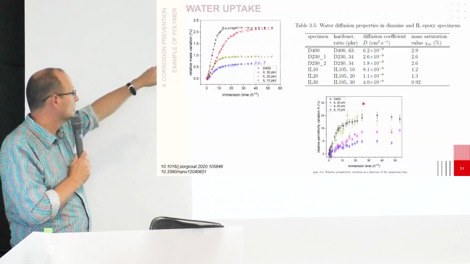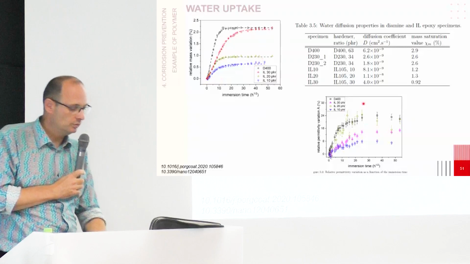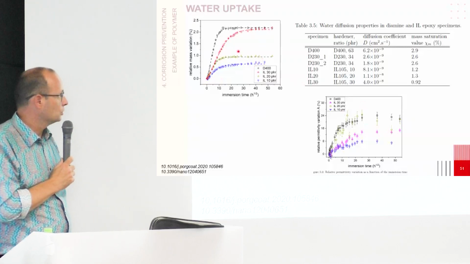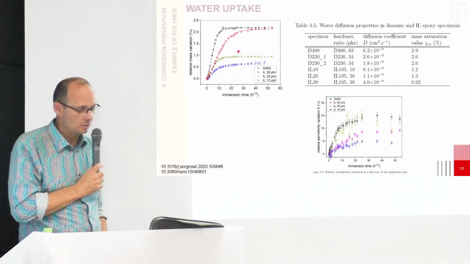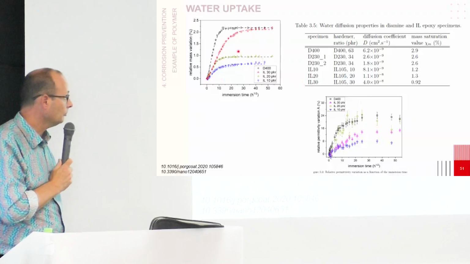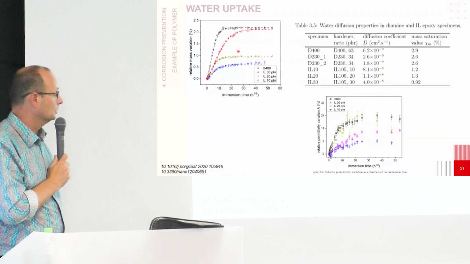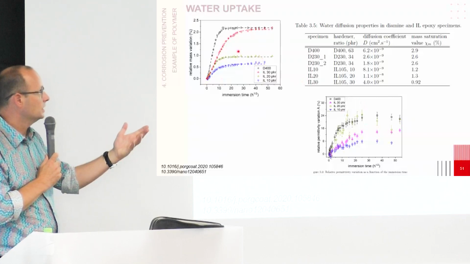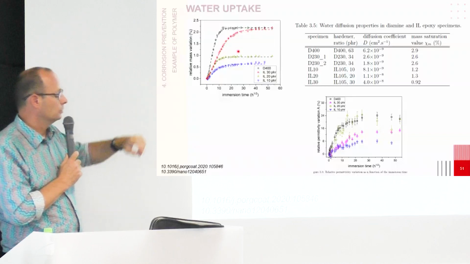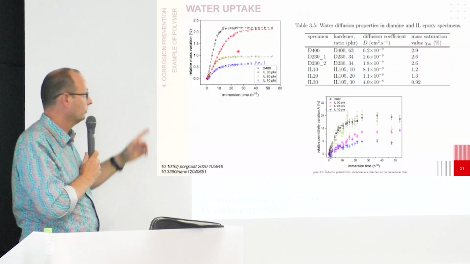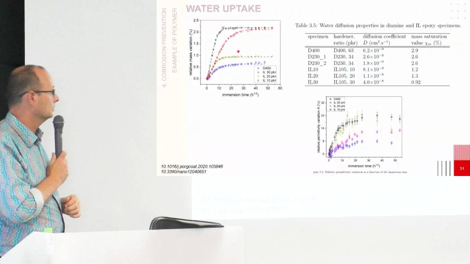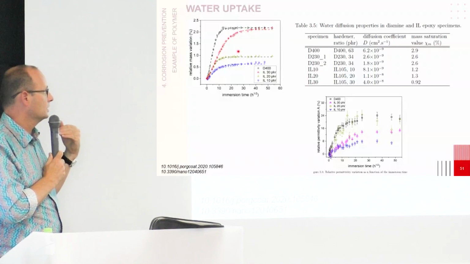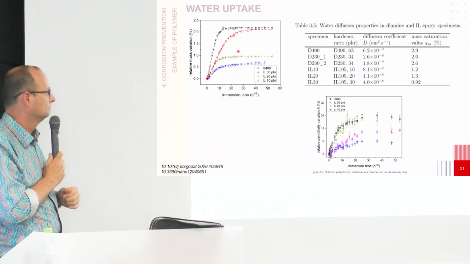Which is good with these two curves, and mostly with the first one, is you can access the diffusion coefficient and mass saturation after the experiment. So you have quantitative information regarding the properties of the polymer and their resistance to water uptake.